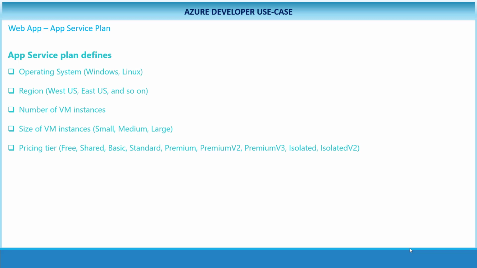Shared means in an app service plan, it can have multiple web apps. It may be developed by us or it may be developed by someone else. Basic, then standard, then premium, and in premium there are some more variations like premium V2, V3, isolated V2.